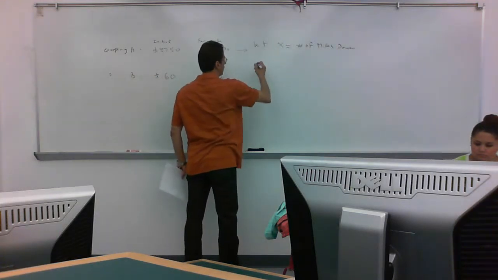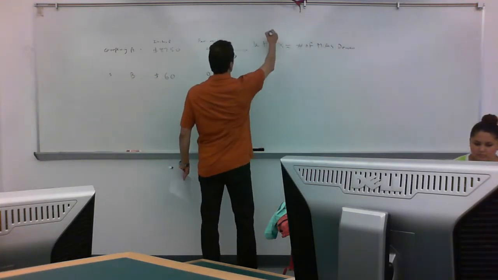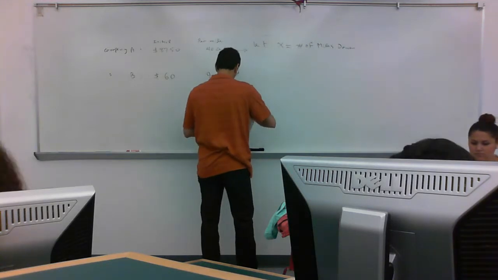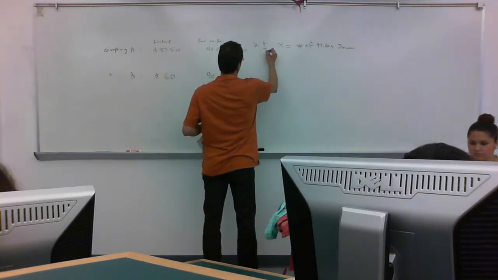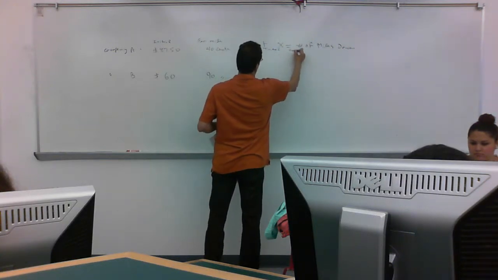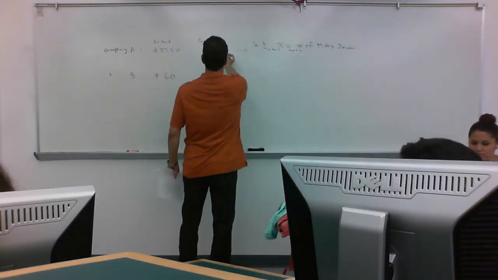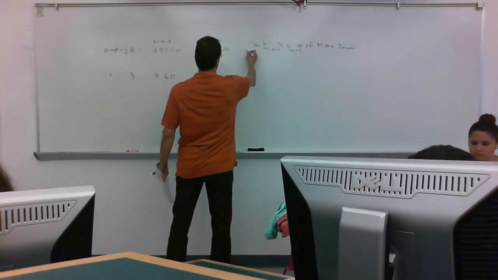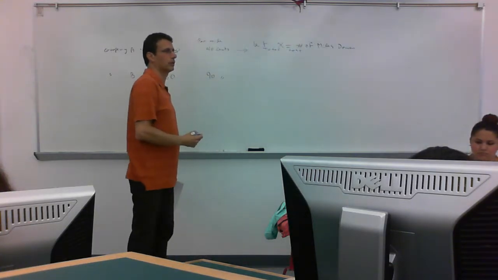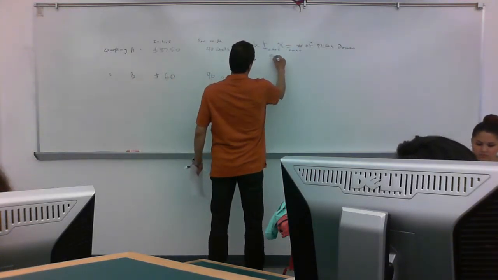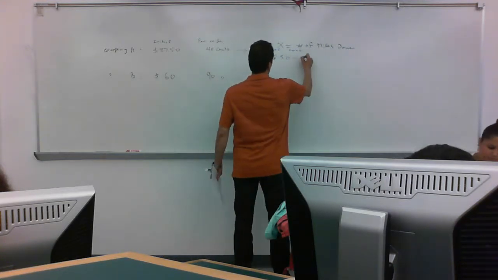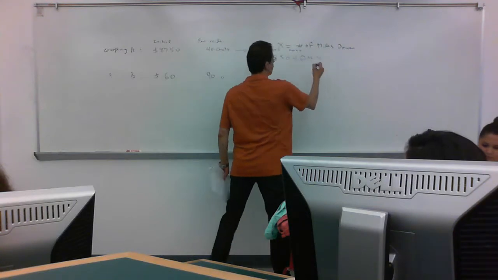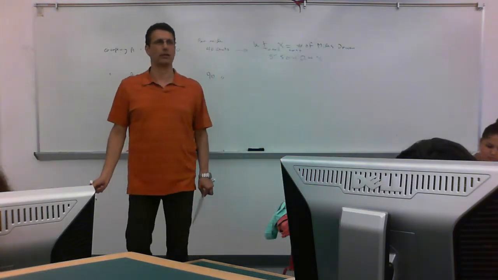Total cost, okay? So let me just rewrite this. The total cost. What would be the total cost associated with the first company? 8750 plus... 0.4 or 0.40x. Is that right?